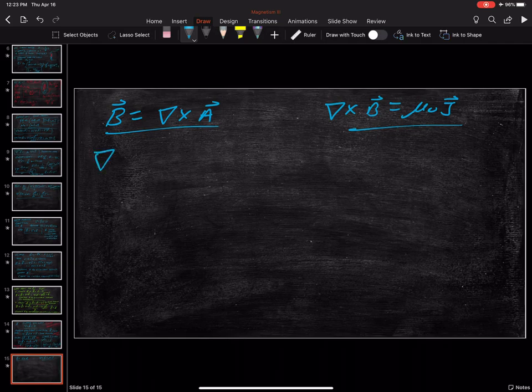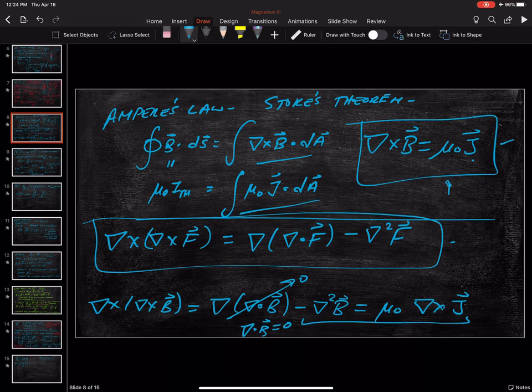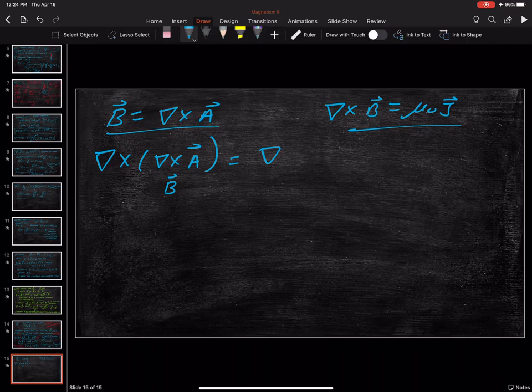The curl of B is this, because this is my B. And remember this identity that I wrote down back here somewhere. This is the same as del of del dot A minus del squared A, and this should be equal to mu naught times J.